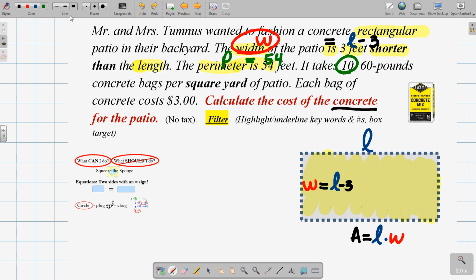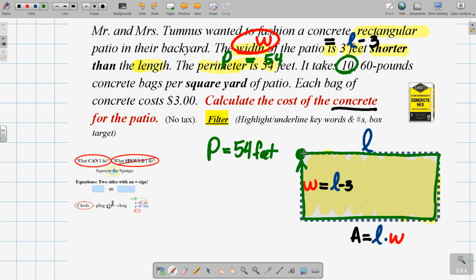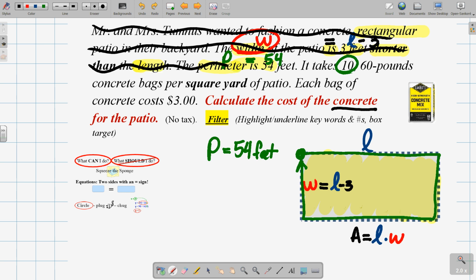The perimeter, put a dot there, walk it all the way around, trace a little arrow to represent going around. Perimeter equals 54 feet. I have accounted for this information and this information and this information.